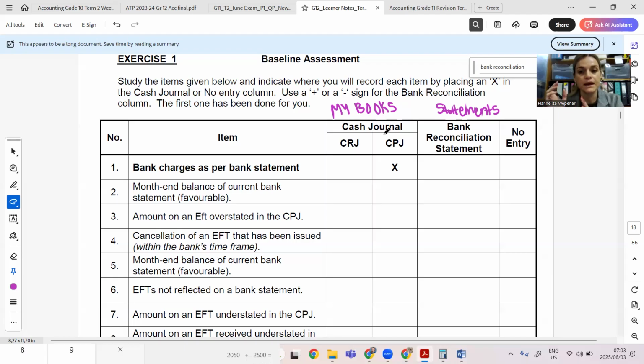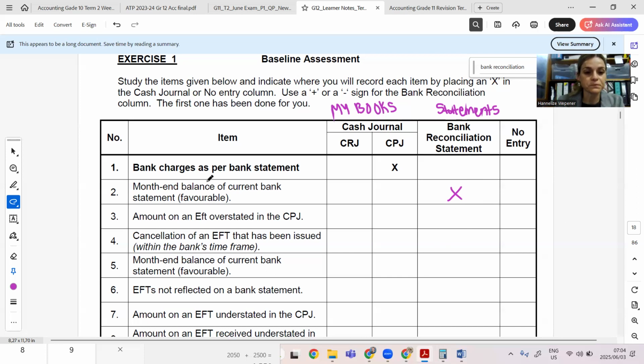So remember, in your bank reconciliation statement, you are starting with your bank statement balance at month end, and then you will make the needed adjustments. Whereas your bank account balance will be your books, your starting point.